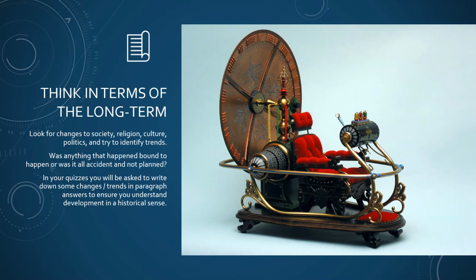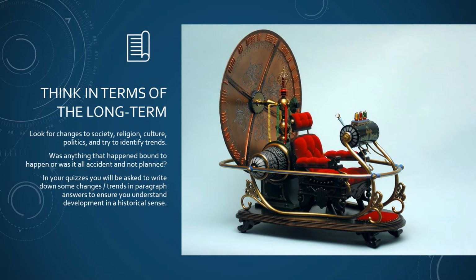For your career success in life, whether you are working at, let's say, a store, or a professional job, you will always be asked to in some way be able to identify and understand what came before, what is happening now, and what might happen in the future based on that. So you need to be training your mind to think about the long term and how these things interact.